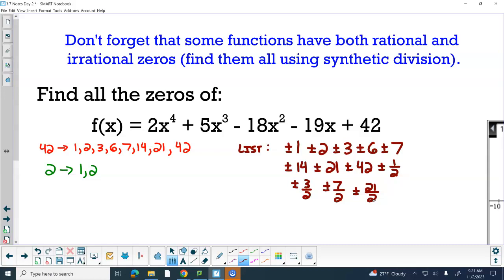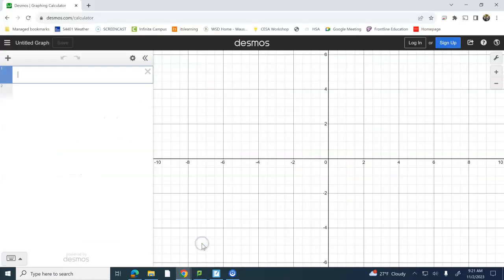Okay? Now, it would be kind of hard to actually figure out which one of those 24 make it work. So, let me pause for a second here. Okay? So, what you can utilize is Desmos.